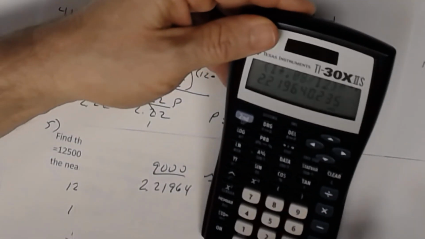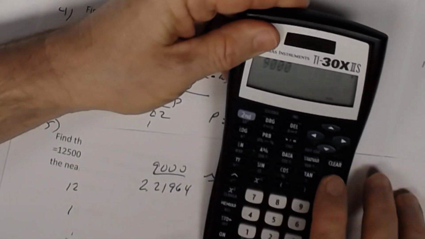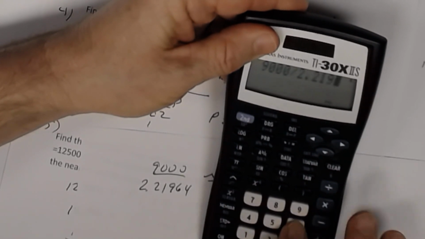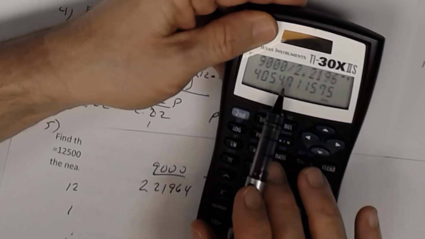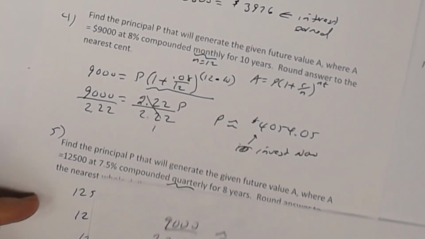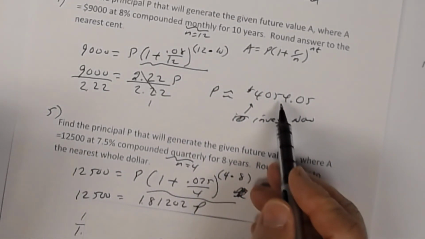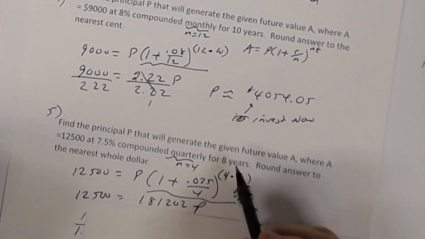Let's see how much difference that is. So 9,000 divided by 2.21964 equals 4,055, right? And then what we ended up with was 4,054. It's not that bad, just $1 off.